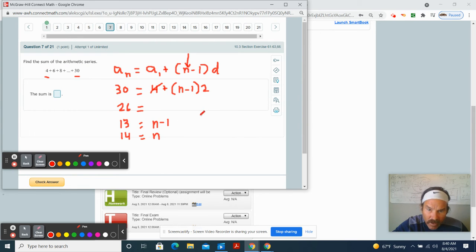So here, the formula for the sum is n over 2. Okay, so it's 14 over 2 times a sub 1, which is 4, plus a sub n, which is 30.